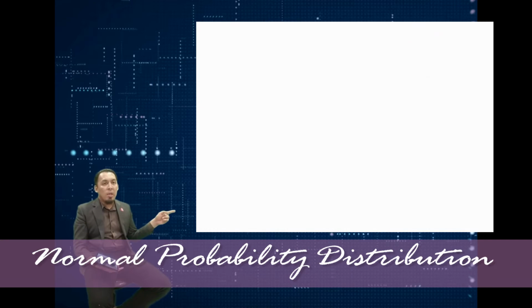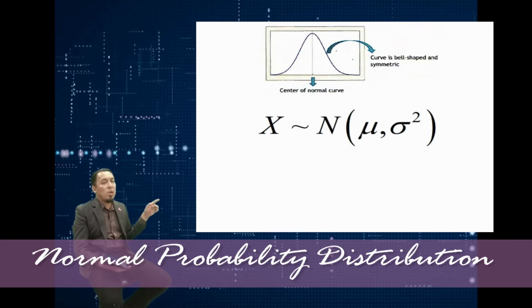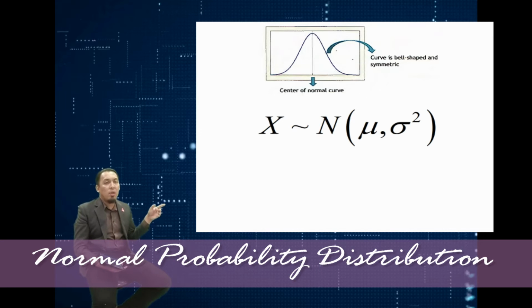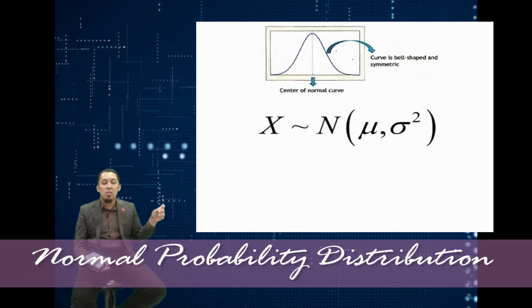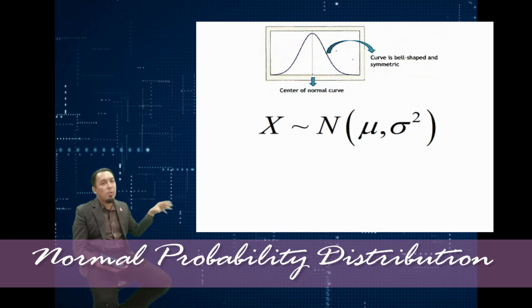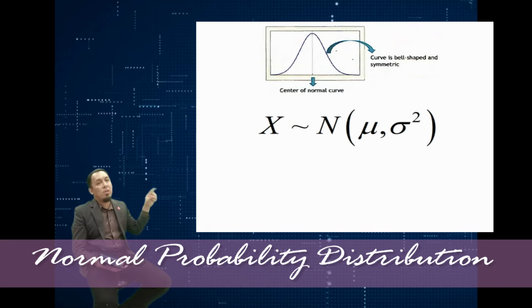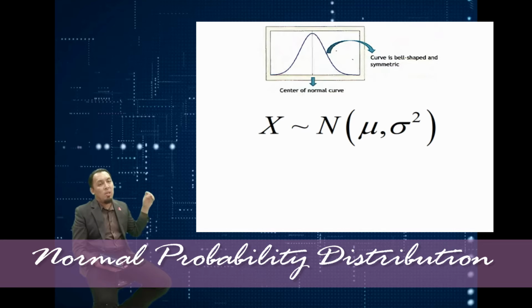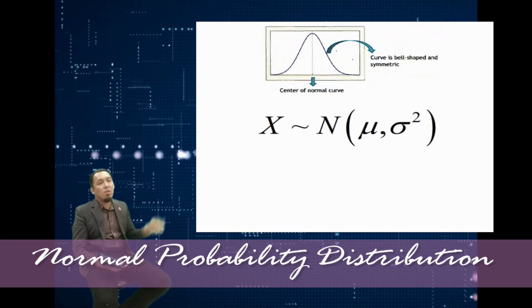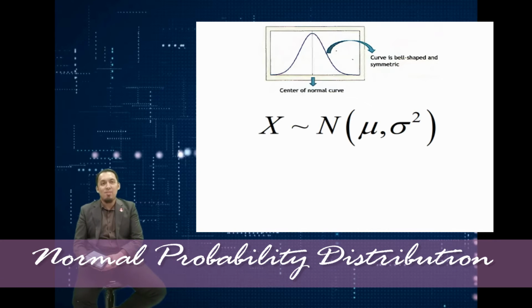We have X approaching N, which is for normal, and in brackets you have mu and sigma squared. So basically, for a normal distribution question, mu and sigma squared are the most important things that you need to know before you can answer it.